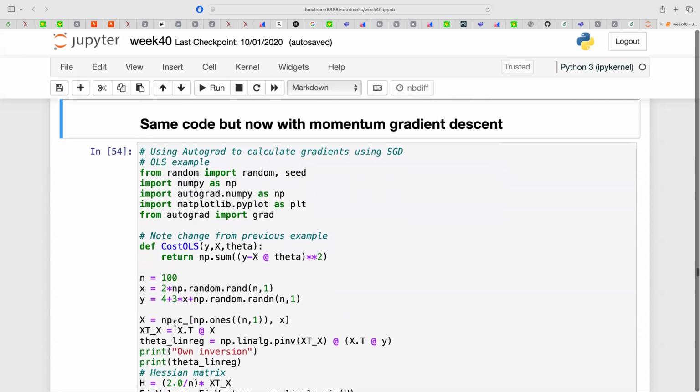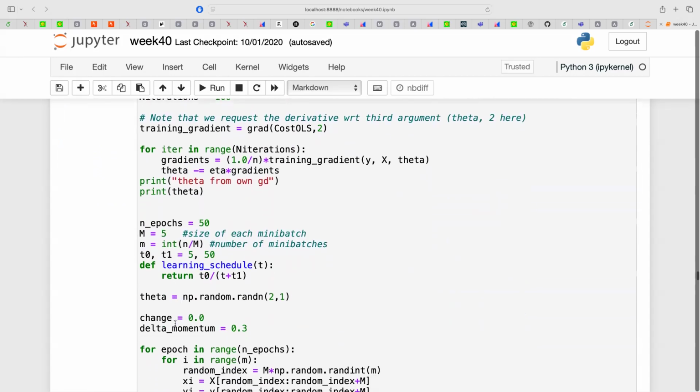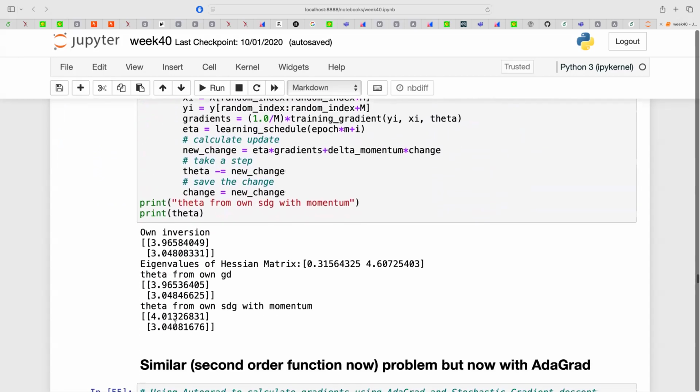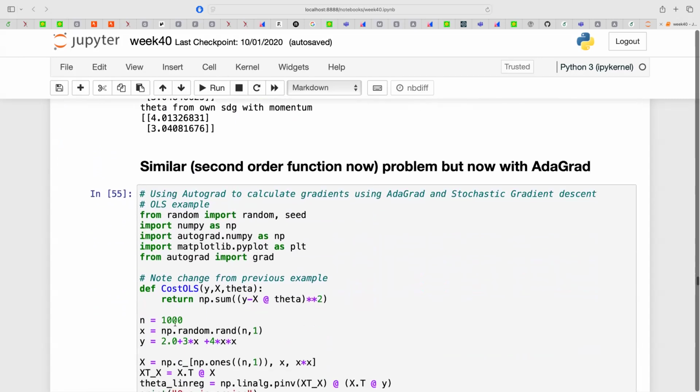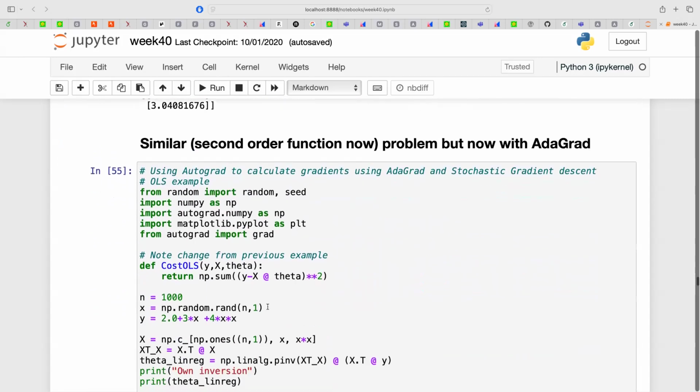I'm going to skip some of these, because I put in many codes here, but now I'm doing the same code with the same system with ADA-grad. And in this case, I take another function. So this is, again, the ordinary least squares function. If you have a lasso regression or ridge regression, you would then have a different cost function.